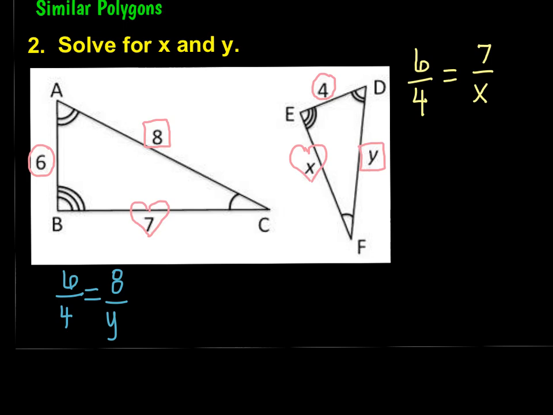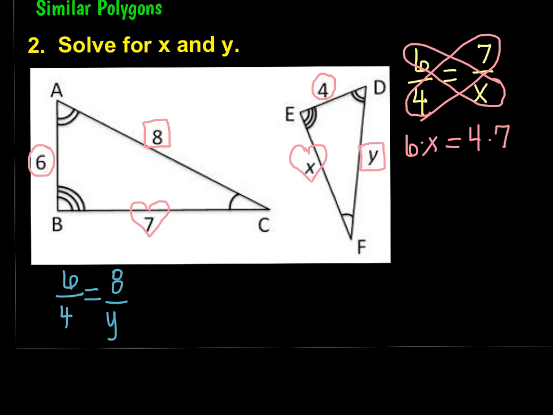Now we do what we did on the last problem. We cross multiply. So 6 times x equals 4 times 7. 6x equals 28.